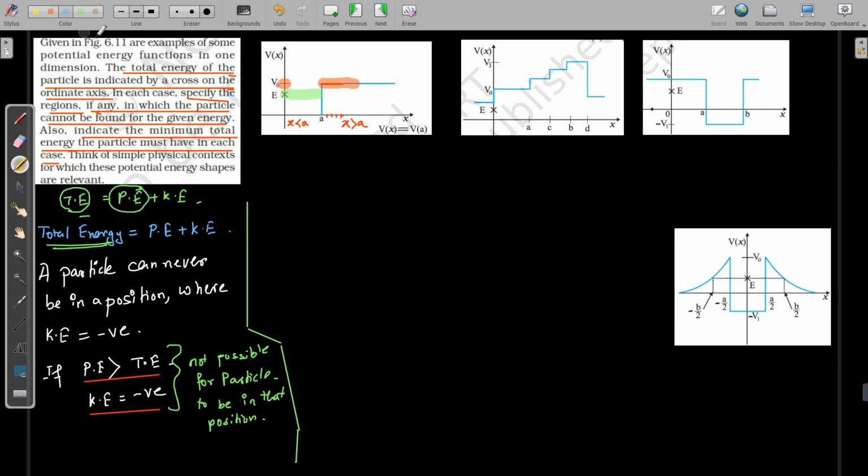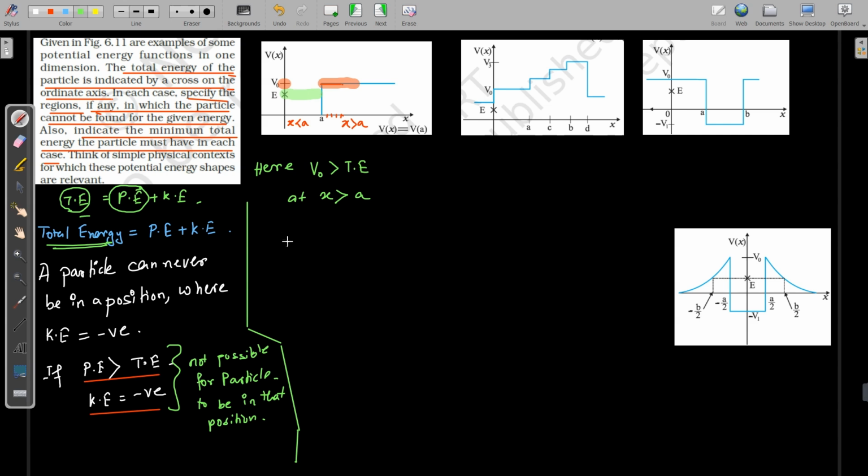So that means it is not possible for the particle to be in a state when the potential energy is more than total energy. So for the first graph, potential energy is greater than total energy at x greater than A. The moment the position is more than A, we can see potential energy is greater than total energy.